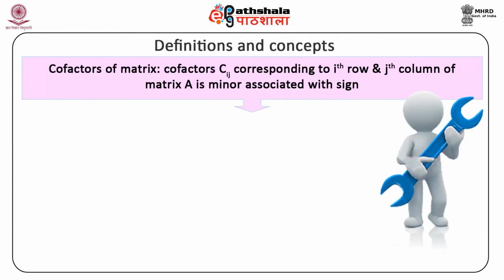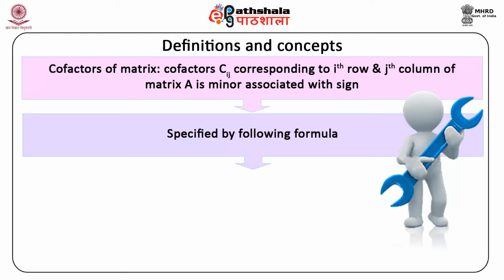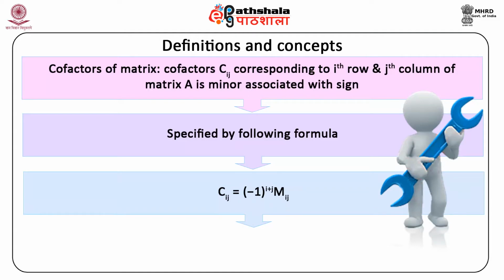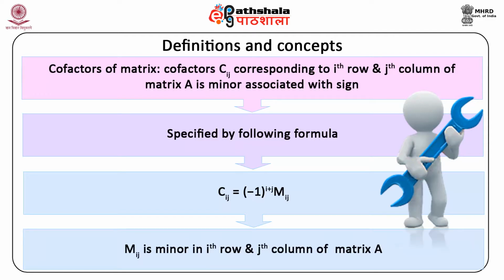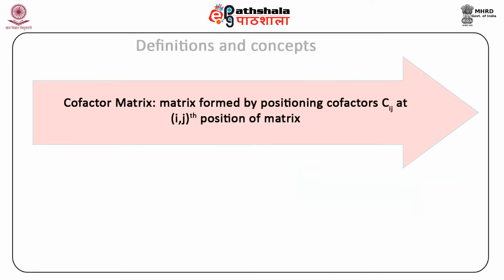Cofactors of a matrix. The cofactor Cij corresponding to the ith row and jth column of matrix A is the minor associated with a sign which is specified by the following formula. Cij is equal to minus 1 raised to the power of i plus j times Mij, where Mij is the minor in the ith row and jth column of matrix A. Cofactor matrix.